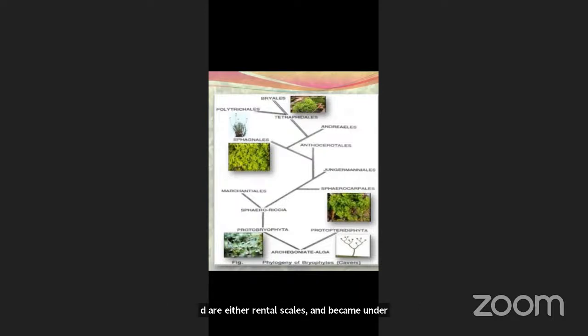What happened here? On the ventral side, the multicellular filaments, meaning rhizoids or scale-like structures, are there. On the dorsal side, chlorophyllous leaves are there.